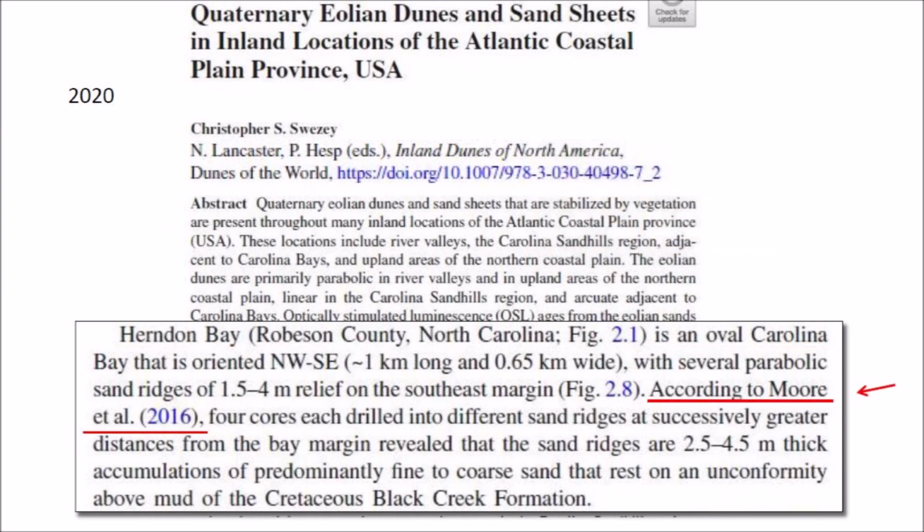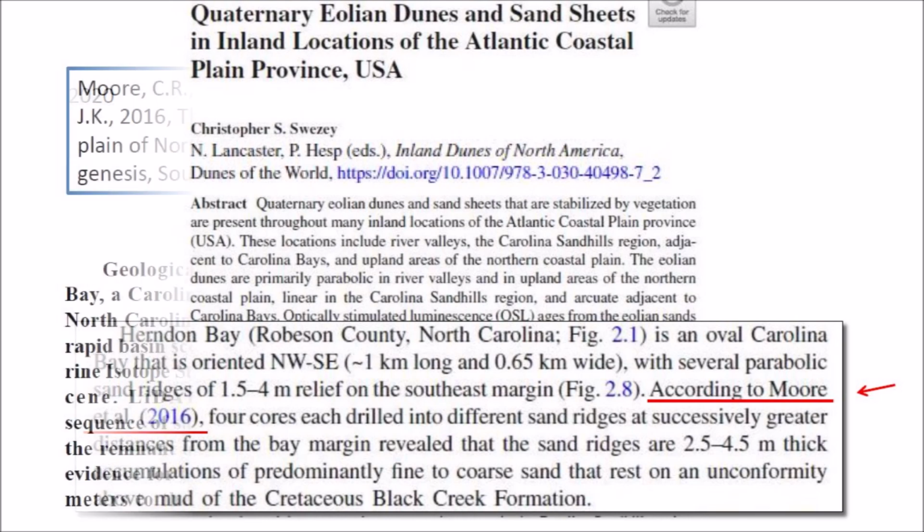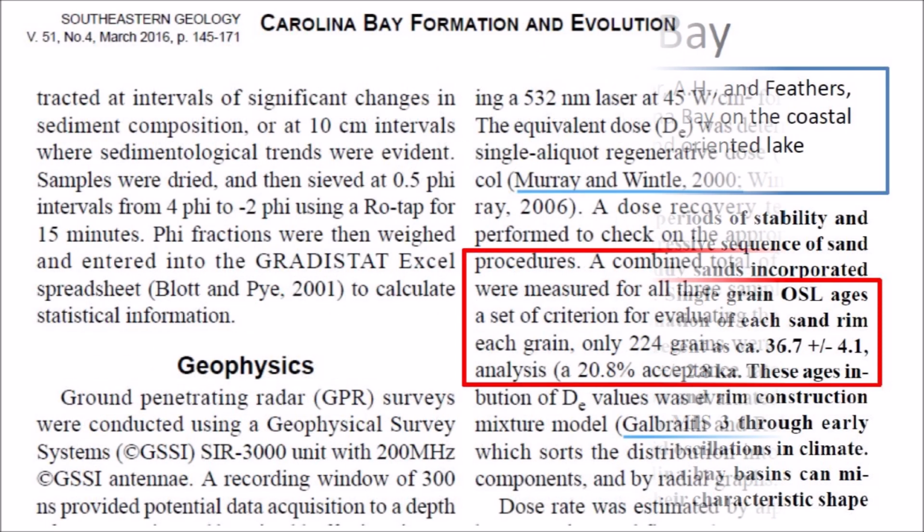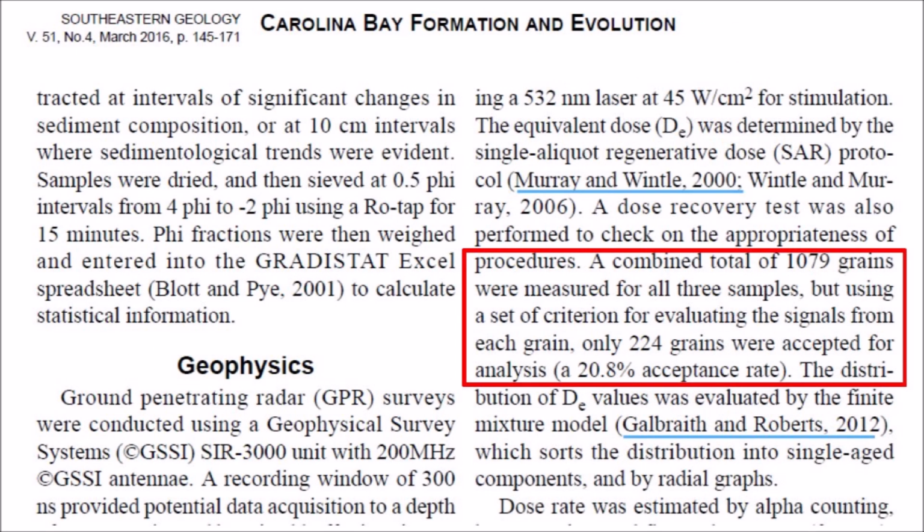Sweezy references the 2016 publication by Moore et al. that describes sand ridges along Herndon Bay. The paper by Moore says that single-grain optically stimulated luminescence ages place the initial formation of each sand rim from oldest to most recent as about 36.7, 29.6, and 27.2 thousand years ago. The paper describes processing the samples as follows.